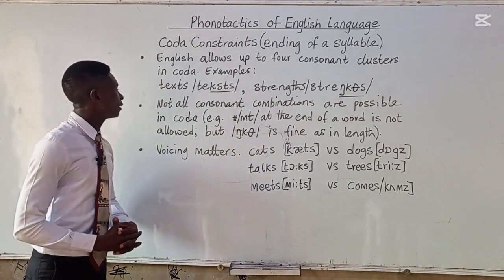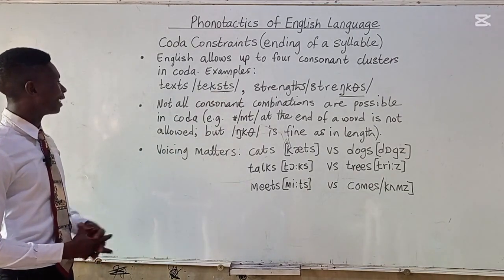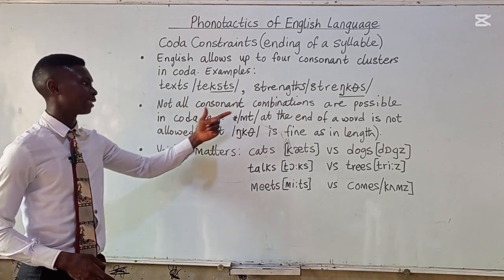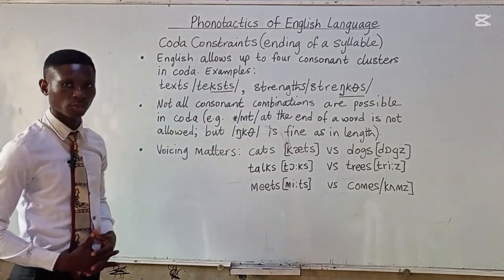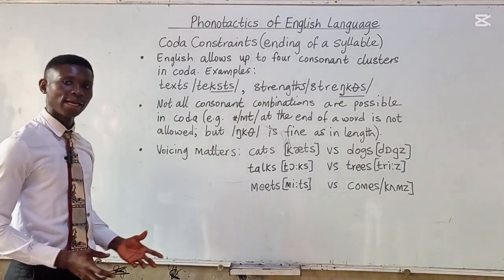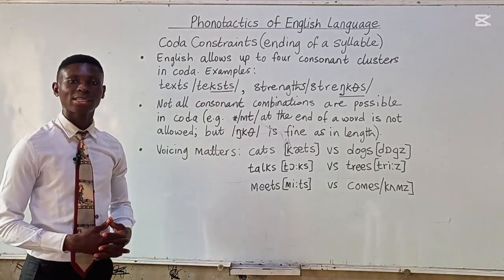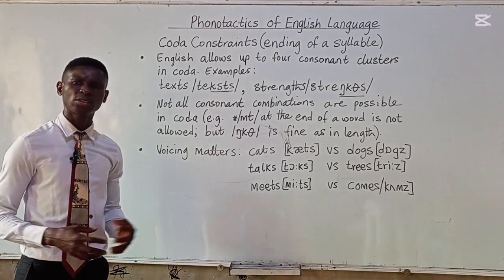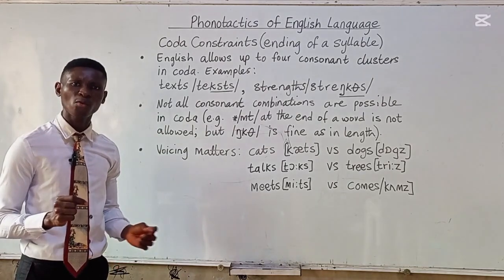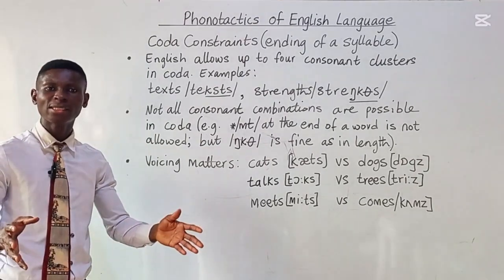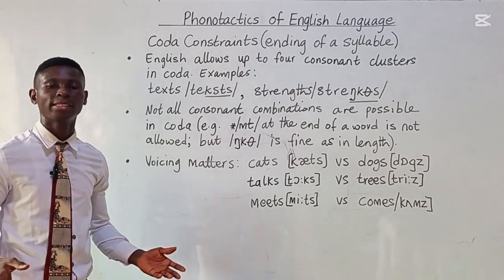Another very important point to note is that not all consonant combinations are possible. The fact that we have 24 consonant sounds in the English language does not imply that we can have a cluster of any 2 consonant sounds.